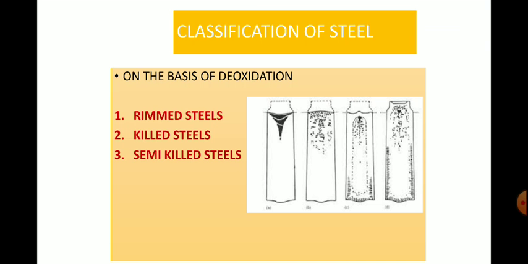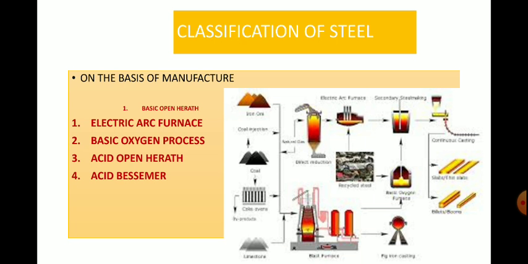Second, when total oxides are removed, that is, iron oxides that form during solidification, we call this killed steel. And when some of the oxides are removed, we call it semi-killed steel. So this is the classification based on oxide.